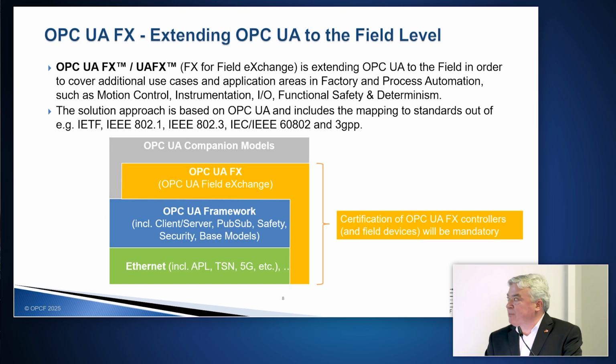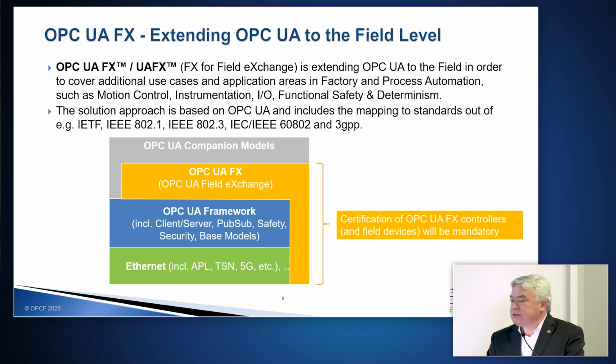We use the pub/sub, which is the basis for enabling the real-time data exchange cyclically. We include safety in case you have a safety-critical operation and you need functionally safe communication. The built-in security, one of the key aspects why OPC UA and OPC UA FX is so attractive.